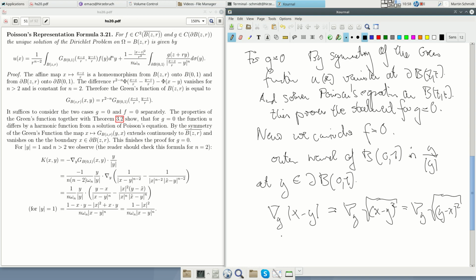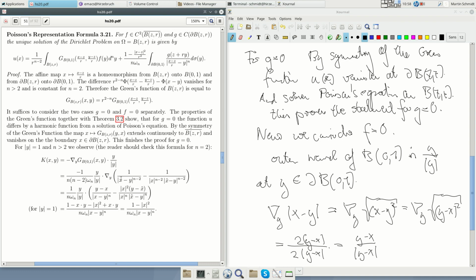So if we do the calculation now, the inner function is 2 times this. So we get 2 times y minus x divided by 1/2, the square root of y minus x. So this formula we obtain is y minus x over the absolute value of y minus x.